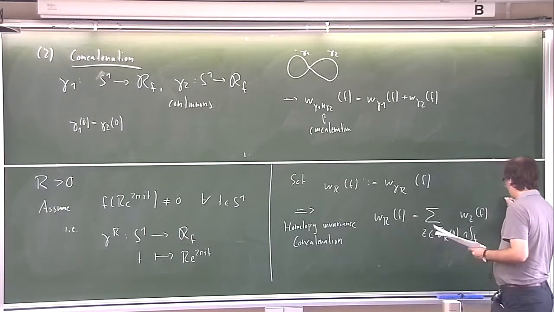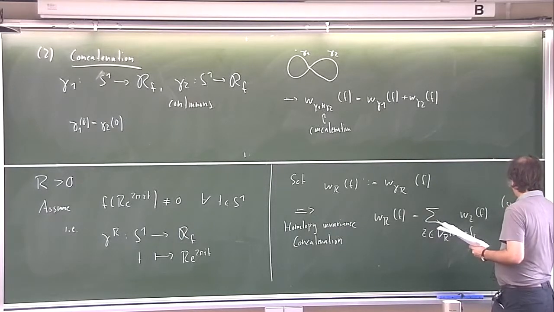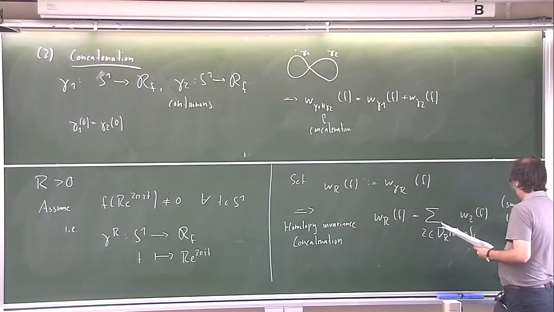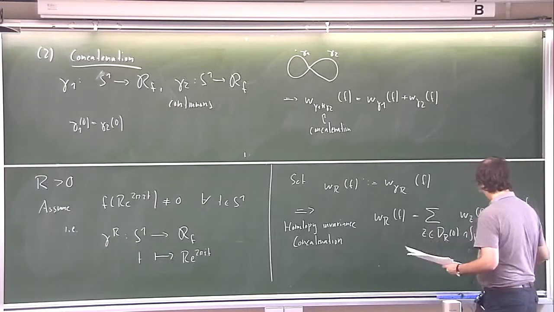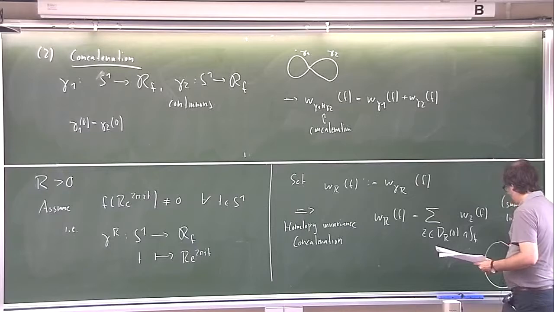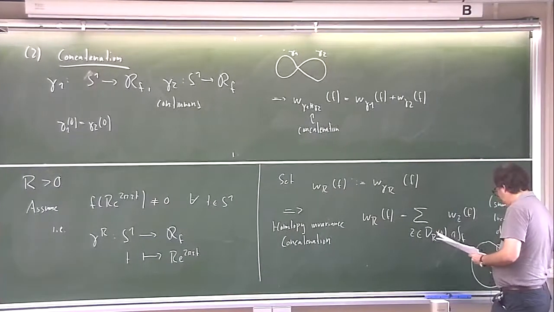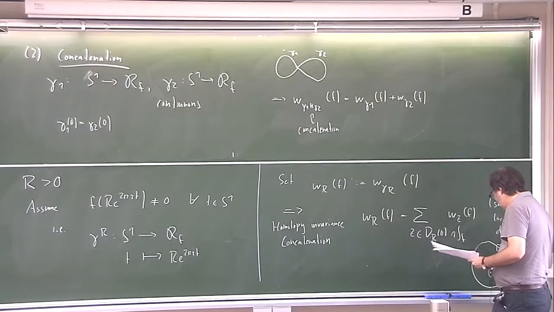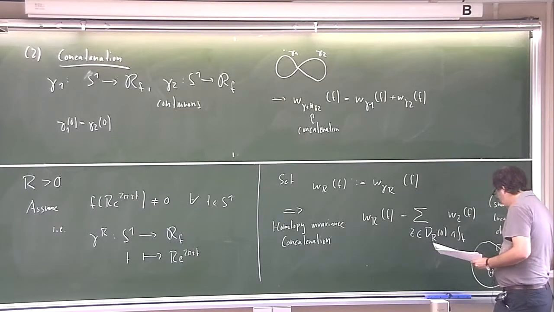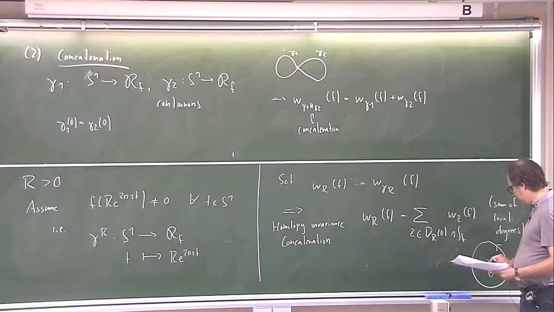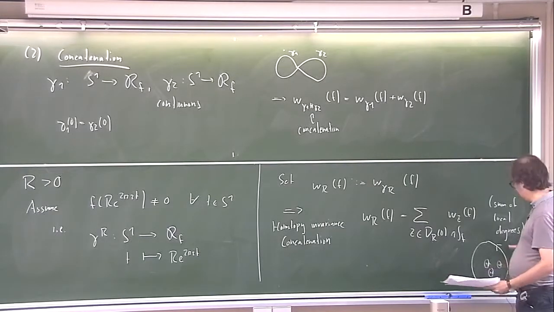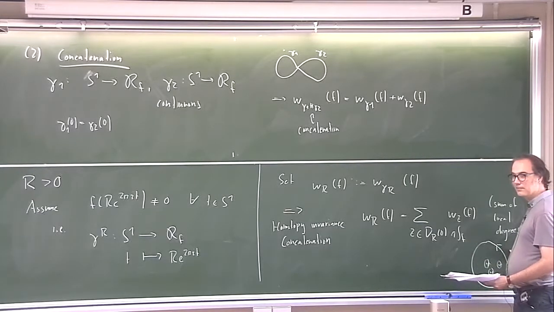So we have our big R ball, and then we have here some singular points, and then we can look at the local degrees, and when we make it bigger and bigger, by homotopy invariance, we concatenate and then concatenate again, and by homotopy invariance we get this degree.